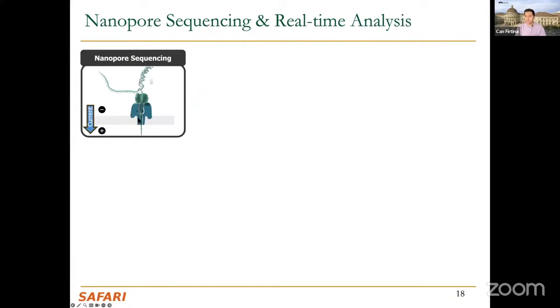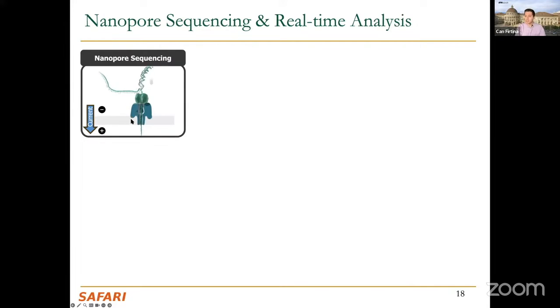Essentially, the DNA fragments that we want to sequence are initially located on the top layer. Since the DNA is also negatively charged, due to the electromagnetic field, the DNA moves towards the positively charged side, just because of how we apply the voltage.